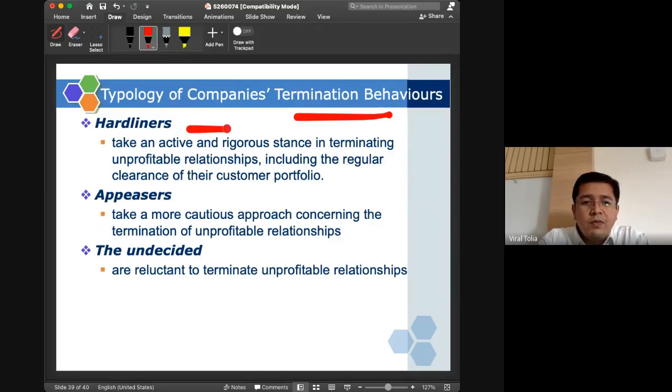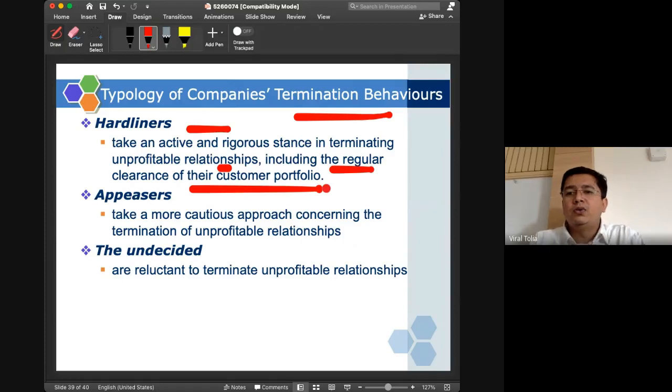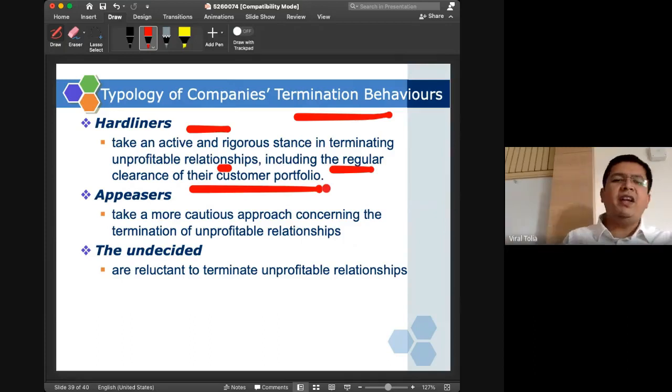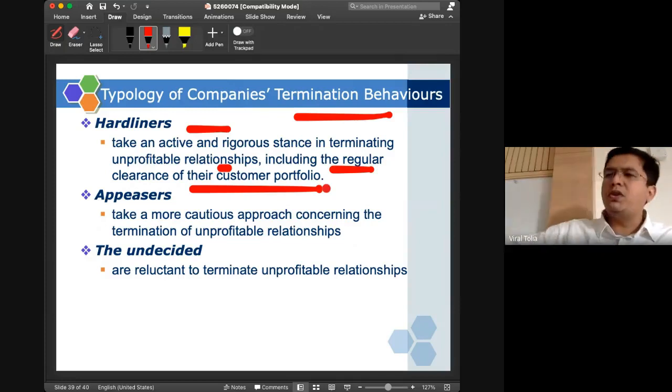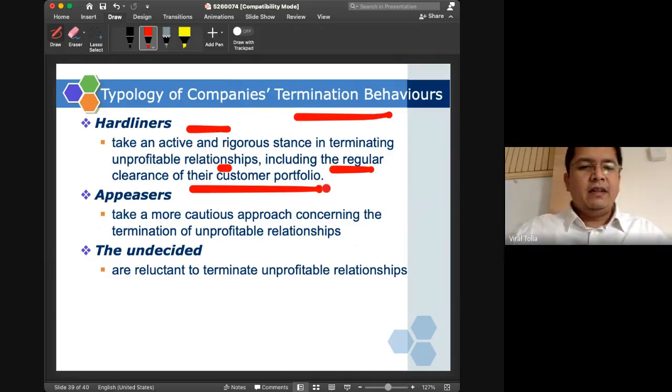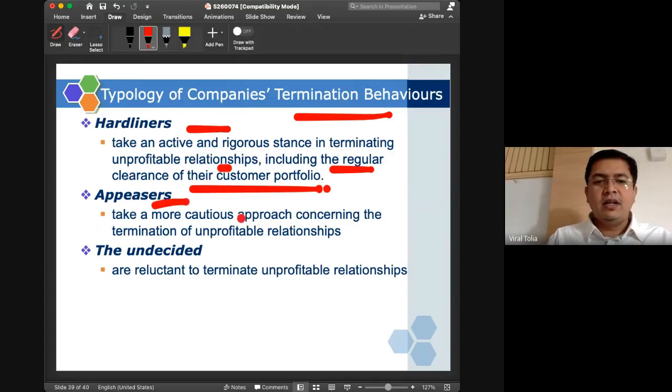Typologies for companies in terms of termination behaviors. Hardliners. Who are those people? They take an active and rigorous stance in terminating unprofitable relationships, including regular clearance of the customer portfolio. So you have 100 customers and you take up an account. They are known as hardliners. They exclusively work to remove a certain set of customers, and they only focus on the prime customers. The other ones are the appeasers. They take a more conscious approach to the termination of unprofitable relationships.